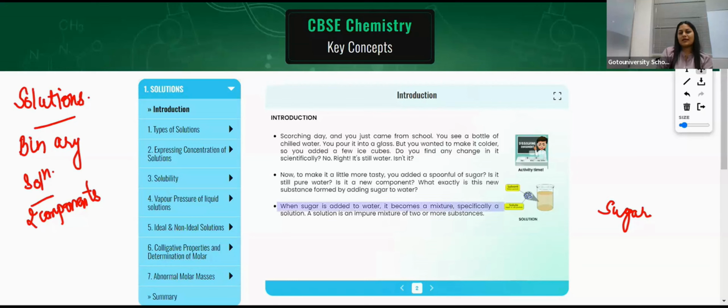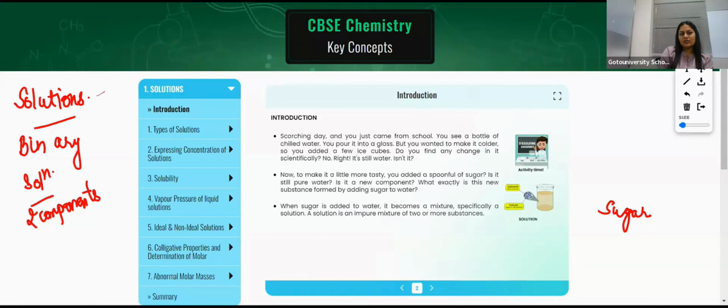When sugar is added to water, it becomes a mixture, right? And that specifically is called a solution. So what is a solution? It's an impure mixture, or say a mixture of two or more than two substances.